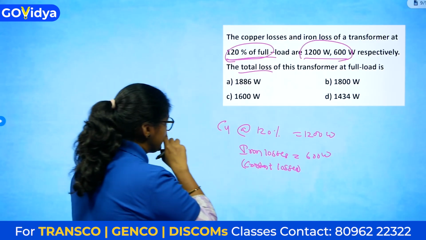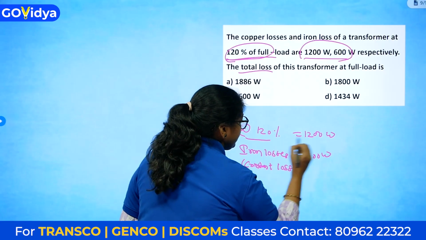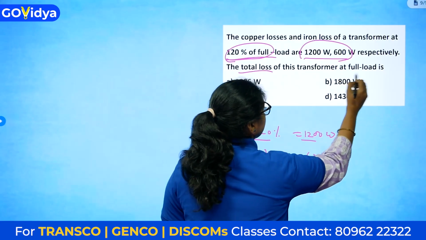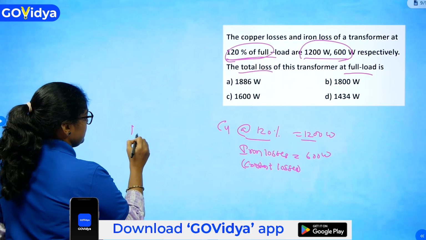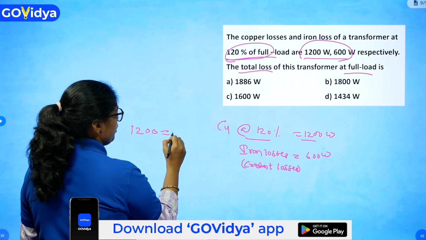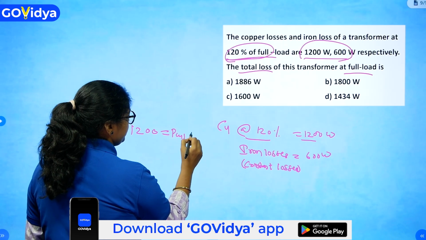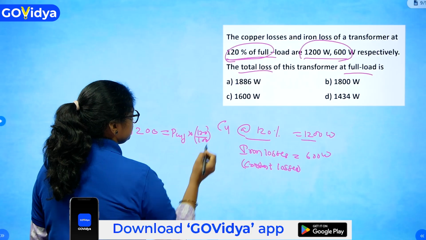At 120% they have given 1200 watts, but I have to calculate at the full load and find the total losses. So copper losses at 120%, 1200, is equal to full load copper losses into 120 by 100 whole square.